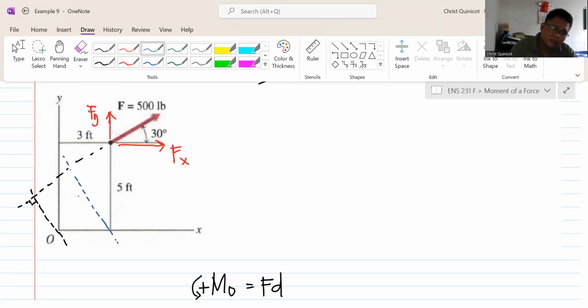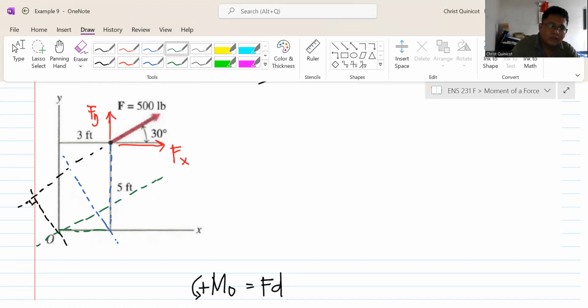Okay, so we know that this height here is 5 feet, and we know that this length here is 3 feet. So what we're going to do is create another line, this time parallel to the line of action of our 500 and passing through point O, and this is that line.